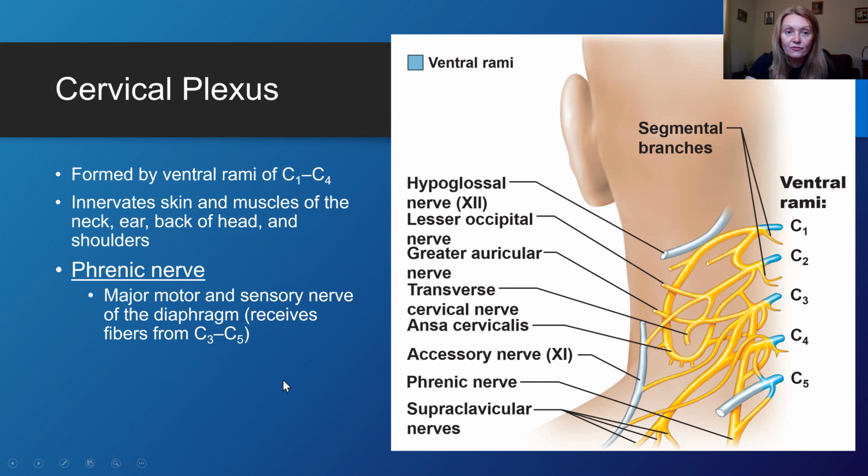One important nerve that emerges from the cervical plexus is the phrenic nerve. It's a major motor and sensory nerve of the diaphragm. Make sure you know this one. The phrenic nerve comes from the cervical plexus and receives fibers from C3 to C5, the fibers of the ventral rami.